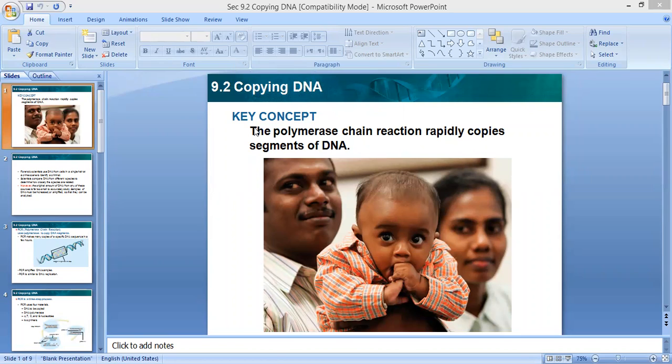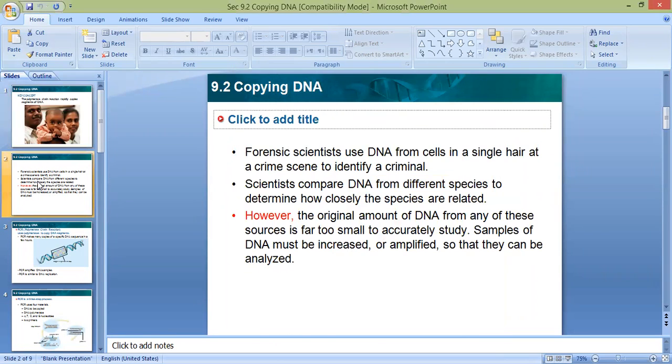PCR stands for polymerase chain reaction, and this technique rapidly copies segments of DNA. We said that some forensic scientists use DNA from cells in a single hair at a crime scene to identify a criminal, and they compare the DNA from different species to determine how closely the species are related.